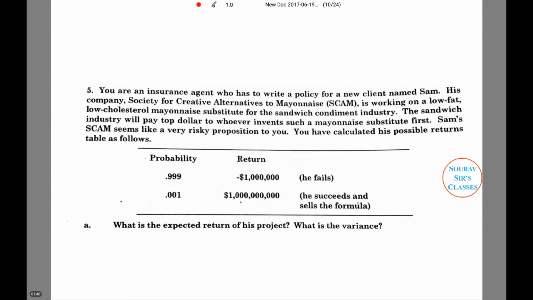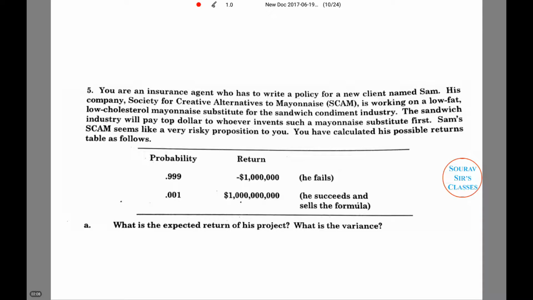In the next question, we are an insurance agent who has to write a policy for a new client named Sam. His company, Society for Creative Alternatives to Mayonnaise, SCAM, is working on a low-fat, low-cholesterol mayonnaise substitute for the sandwich condiment industry. Sam's SCAM seems like a very risky proposition to you.